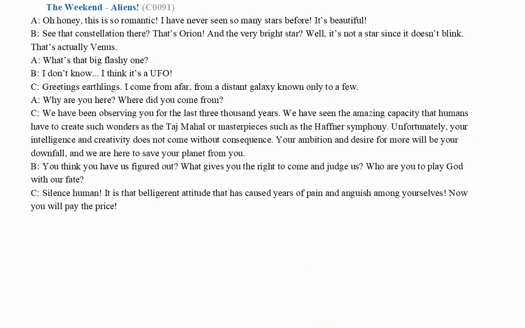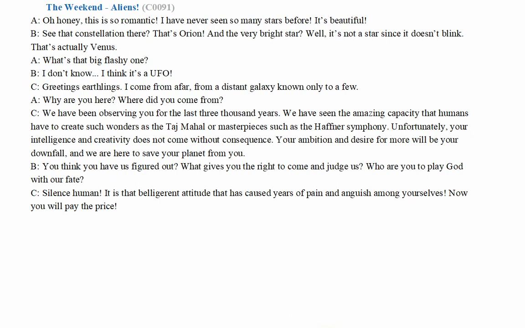Putting it together. Okay, we're going to look at 3 phrases that we heard in the dialogue and see how we can use them in different contexts. So the aliens were praising some of the masterpieces that the humans have created, right? Right. He said, "You humans create such wonders as the Taj Mahal."